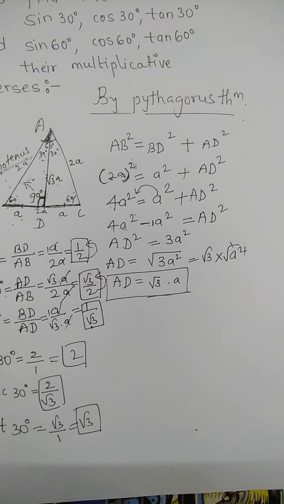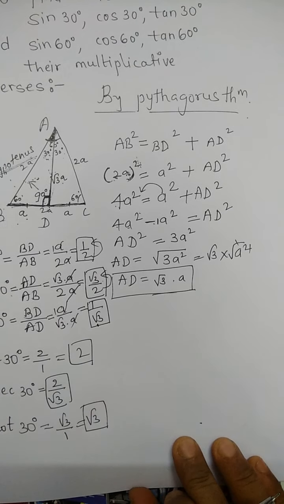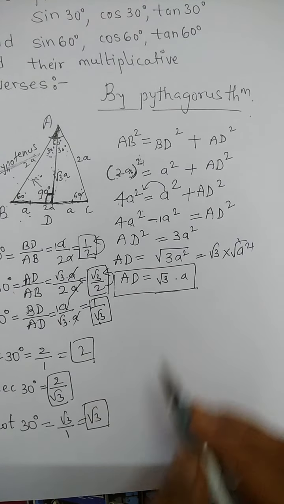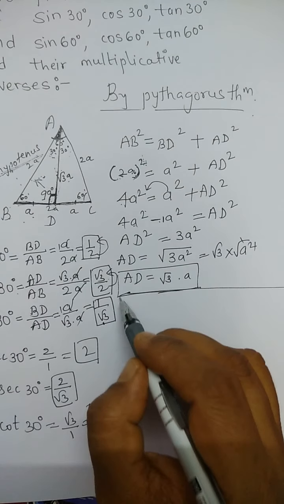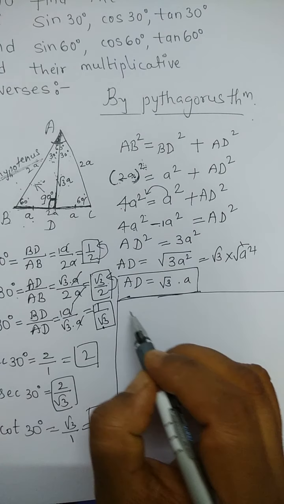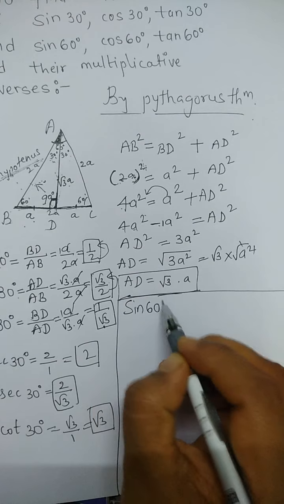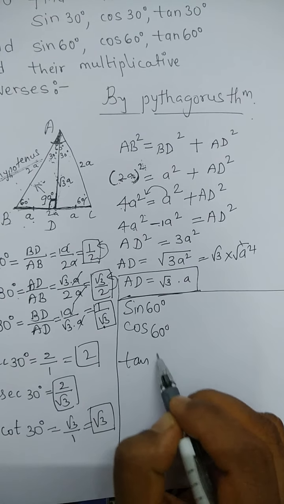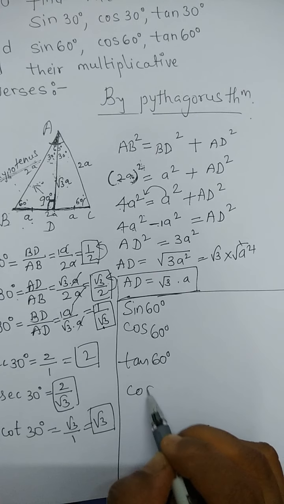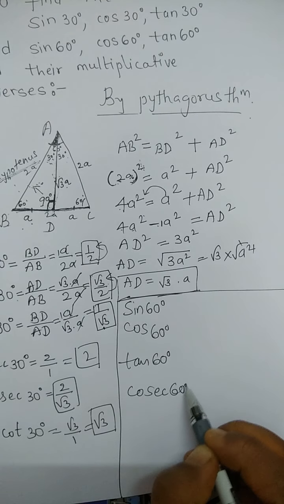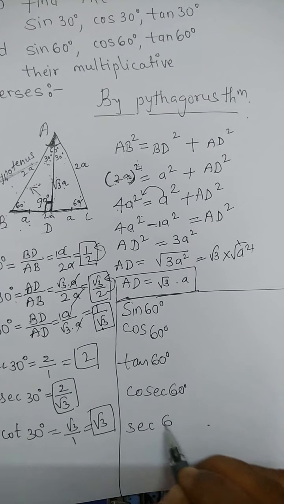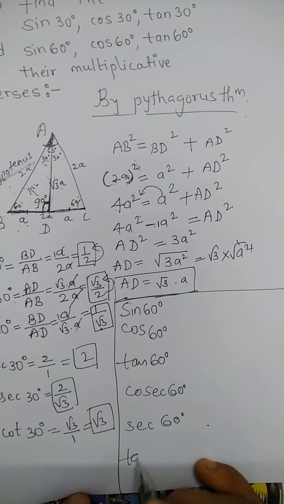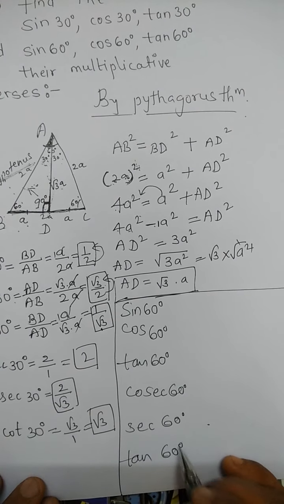Now we will calculate the value of 60 degree ratios. Means all the ratios for angle 60 degree: sine 60 degree, cos 60 degree, tan 60 degree, cosec 60 degree, sec 60 degree and cot 60 degree.